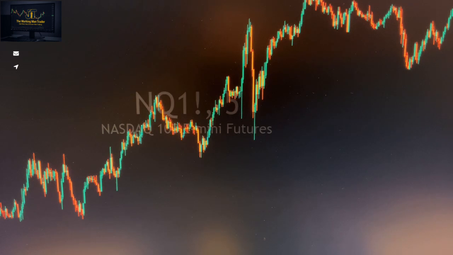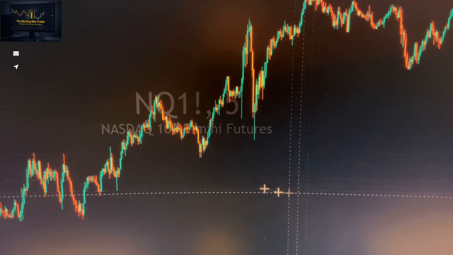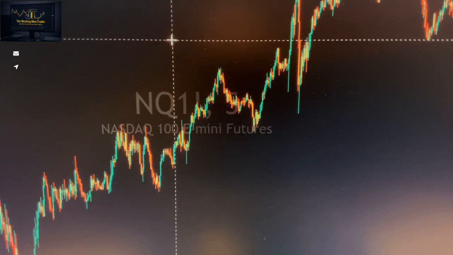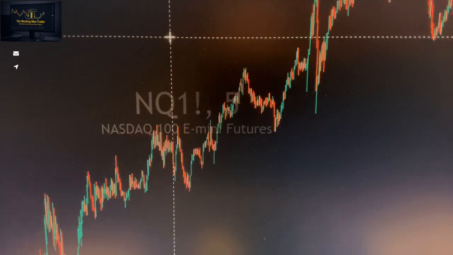That 8:30 to 8:45 can be an expansion. Then noon to 1 is a midday reversal. And 1:30 to 2:30 can be the afternoon continuation. If you trade outside these windows, more than likely you're trading a lot of noise.